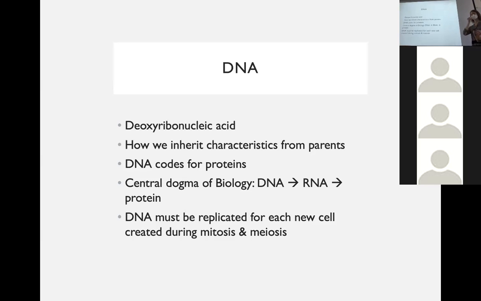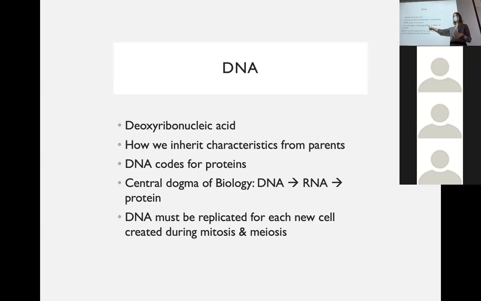And as a reminder, I think I went over this briefly as well. We're going to talk about this in detail now, the central dogma of biology. This is essentially how proteins are made and how we inherit all of this information. DNA is going to code for RNA. That's just ribonucleic acid. We'll talk about that plenty.